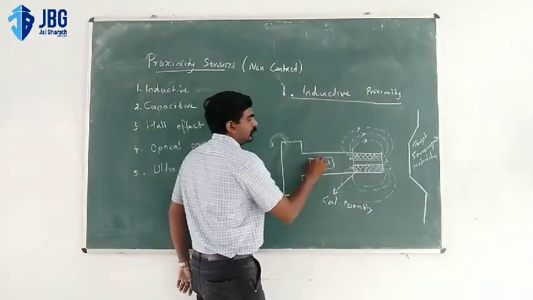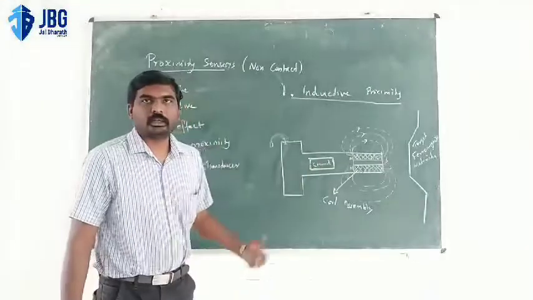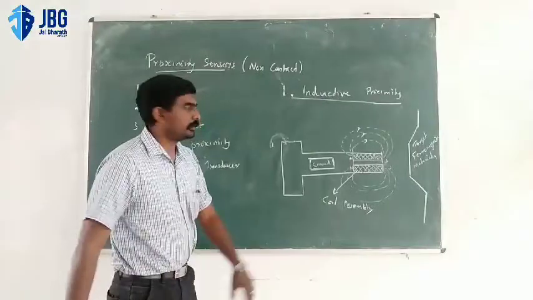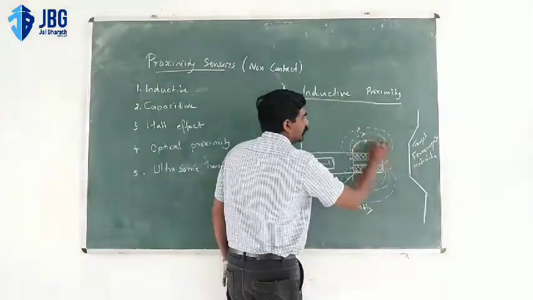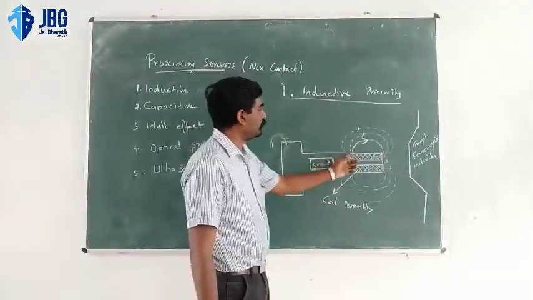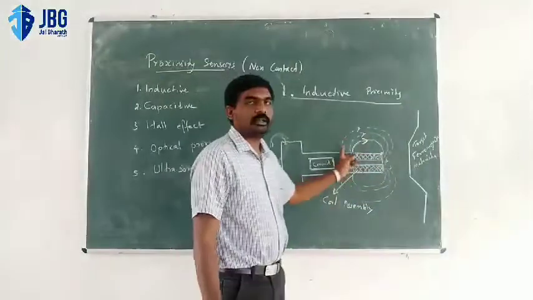There is an internal circuit there to detect the voltage or current. Here are the magnetic flux lines from north to south.